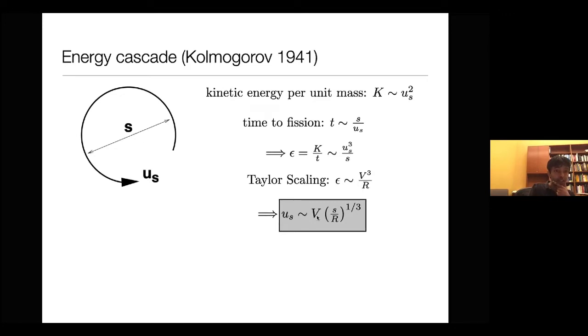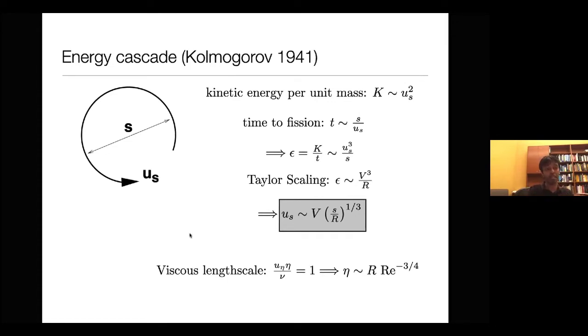One of the things that I will use from this, other than this expression itself, is the idea that you can see right over here, that the larger the size of the eddy, the larger its velocity. Another thing that we can infer from here is the very length scale where this cascade stops, the so-called Kolmogorov scale.